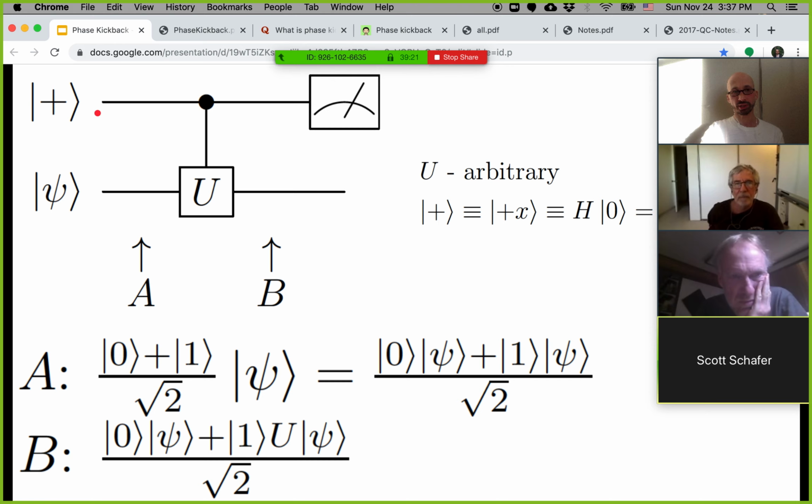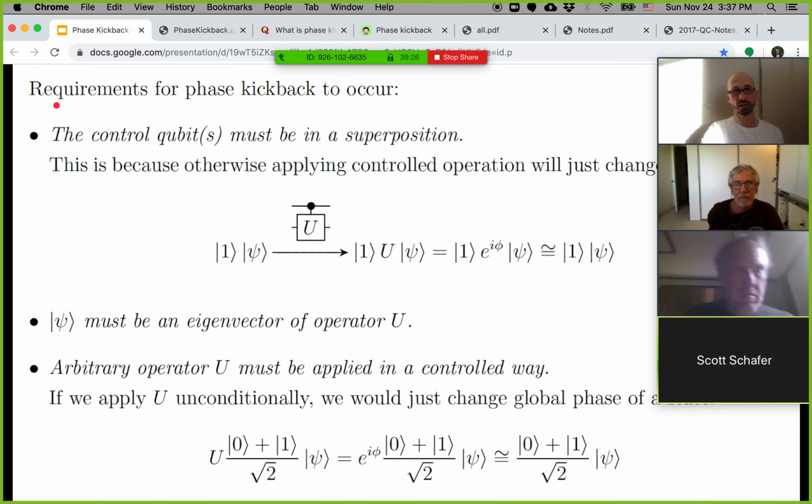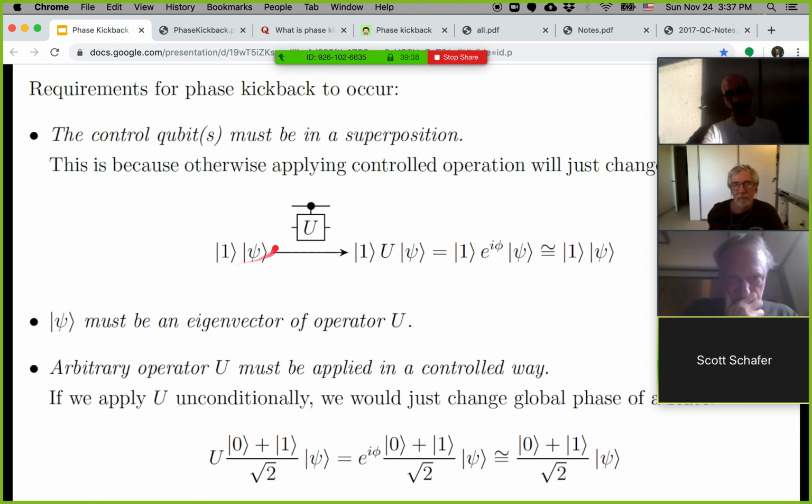So in my case, I chose plus, which is an equal superposition. You cannot just put 1 here, because what's going to happen if we apply the controlled U operation to this state? Well, we apply U to this state, and because we restrict ourselves to psi being an eigenvector of U, this is just a number.